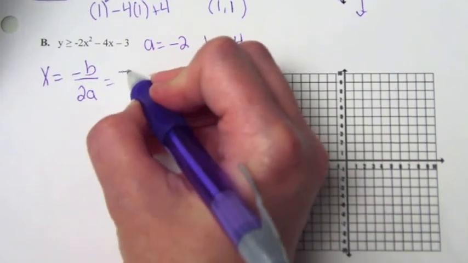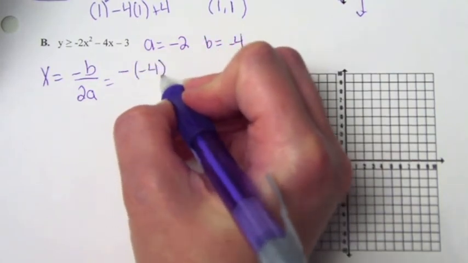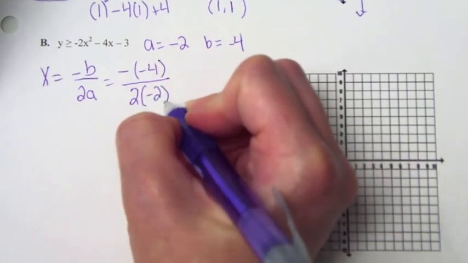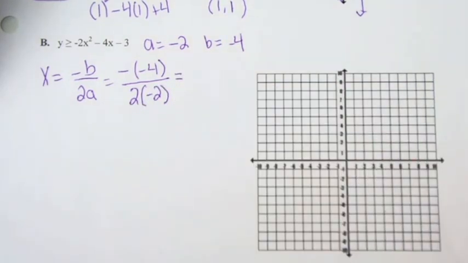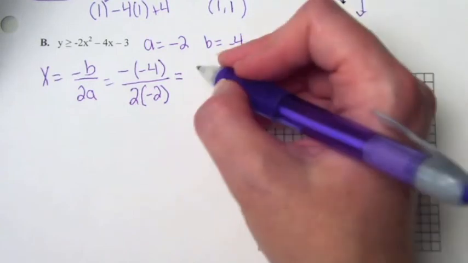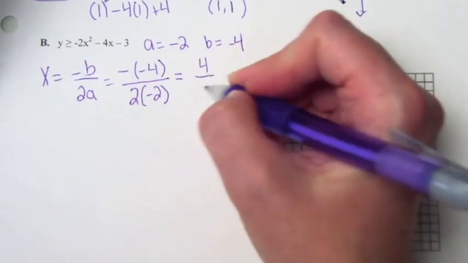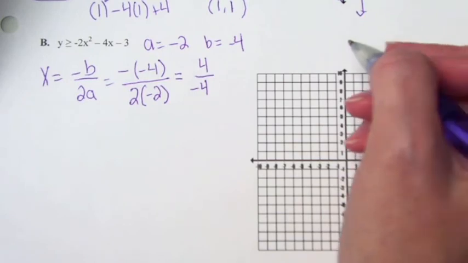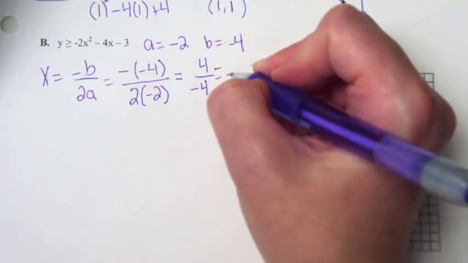We get negative, plugging in negative 4, over 2 times negative 2. On top we have a positive 4, on the bottom a negative 4. Positive 4 over negative 4 gives us negative 1.